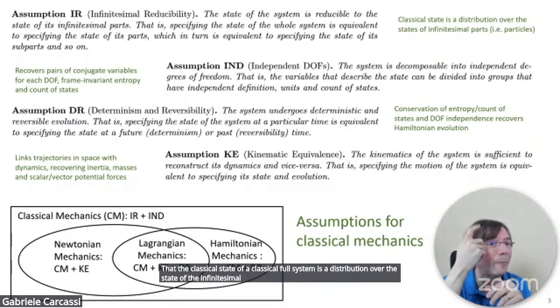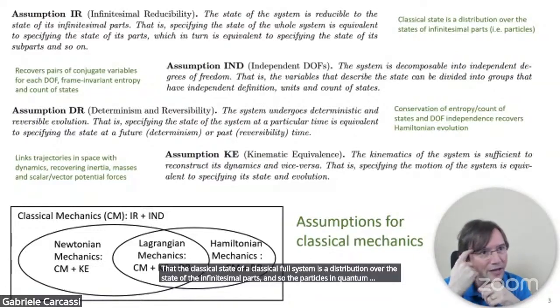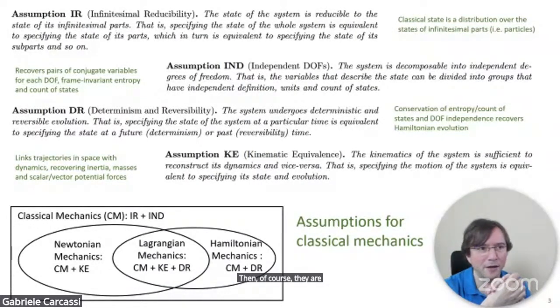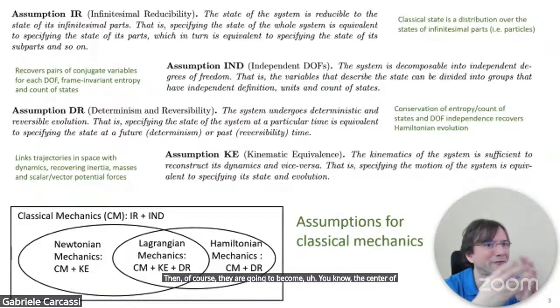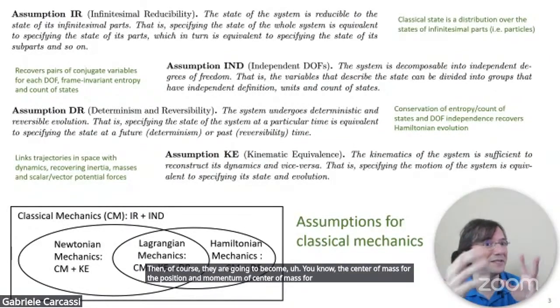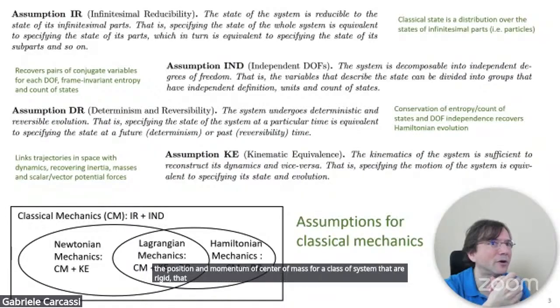And so the particles in classical mechanics, you can think of them as these infinitesimal pieces that we're decomposing the system into. Then, of course, they are going to become the position and momentum of the center of mass for a class of systems that are rigid, that have particular properties. But in the most basic sense, that's what we get when we assume infinitesimal reducibility.